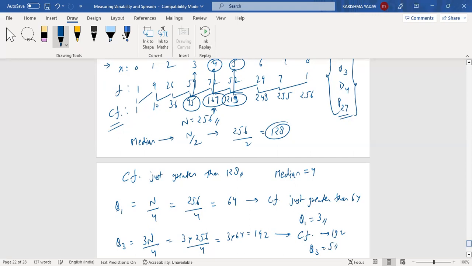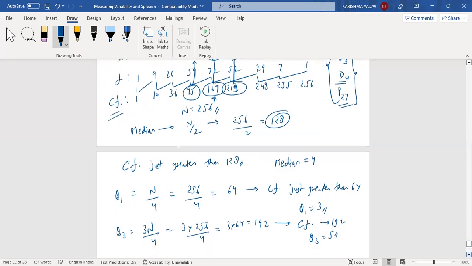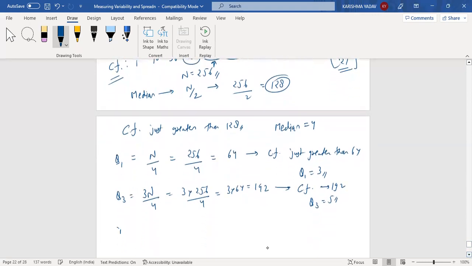Now let's calculate the fourth decile. For calculating the fourth decile, we do 4n divided by 10. That is 4 by 10 into 256, that is 25.6 into 4, which equals 102.4.